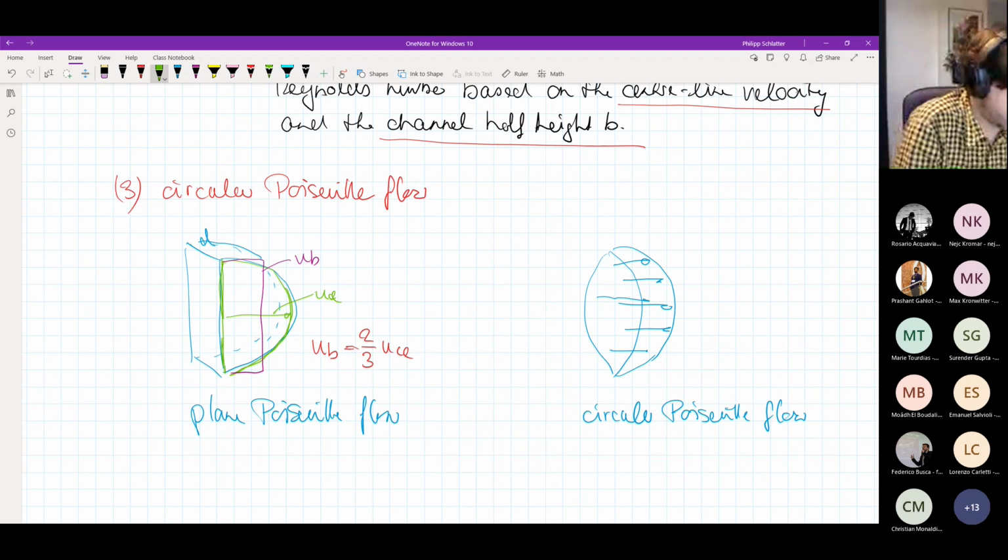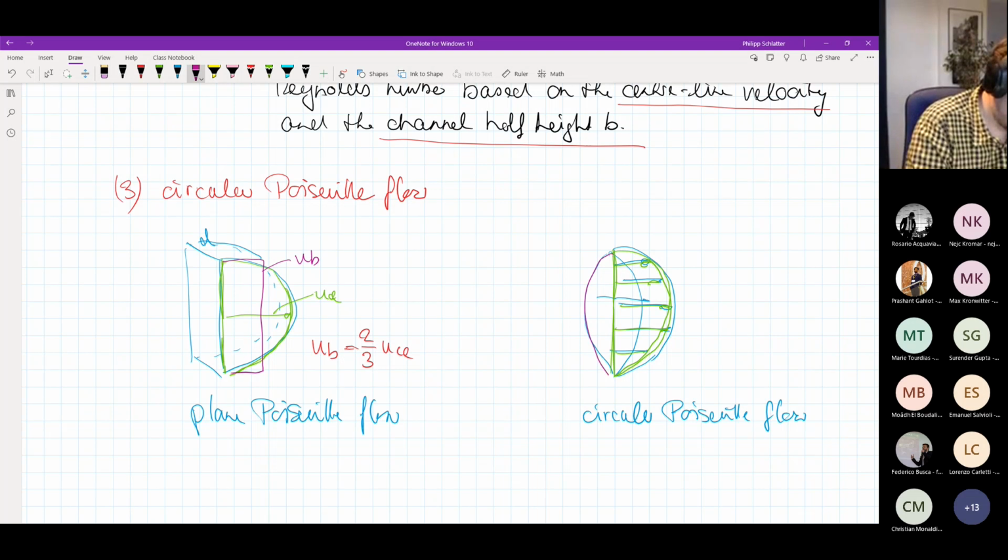So this is for plain Poiseuille flow, but we can do the same game also here in circular Poiseuille flow, so in pipe flow. So imagine that I'm doing a cut here through the center, and then I will also have this parabola, which kind of looks like this. Also in pipe flow, I can define a bulk velocity.